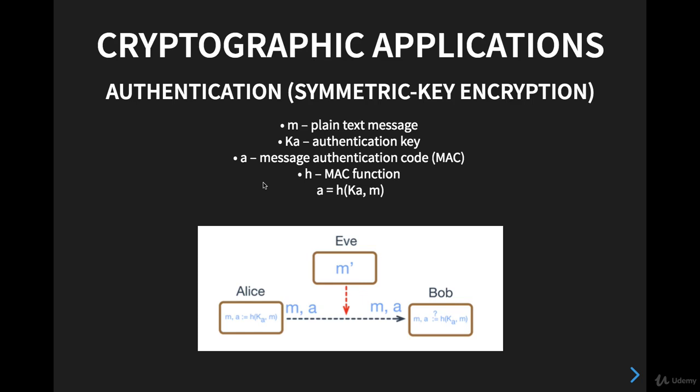Now Bob receives the plain text message and message authentication code, and in order for him to verify they are from Alice, he will run the authentication key and plain text on the MAC function to check if the values do match. If they do match, it's because they are from Alice. Well, if they don't match, it's because it's from Eve or somebody else, you never know.